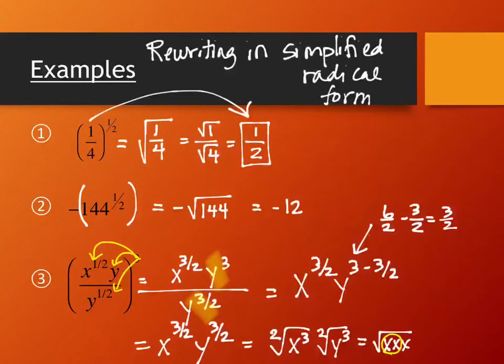And the same thing happens with my y. There's 2 of them. So you'll notice I'm no longer writing the index 2. I don't have to. If you want to, you can. But there's an x and there's a y that come out. But there's also the x and the y that are still underneath. Let me shift this one more time.